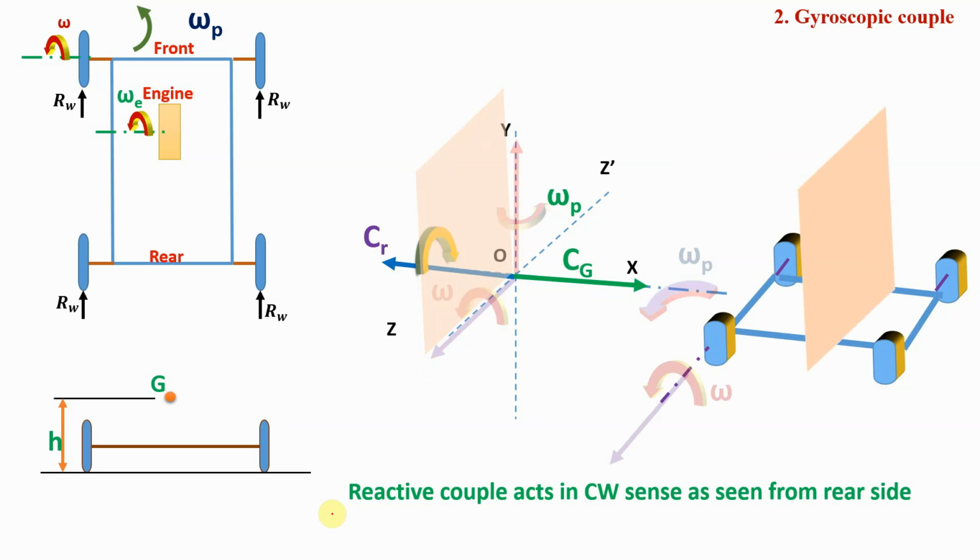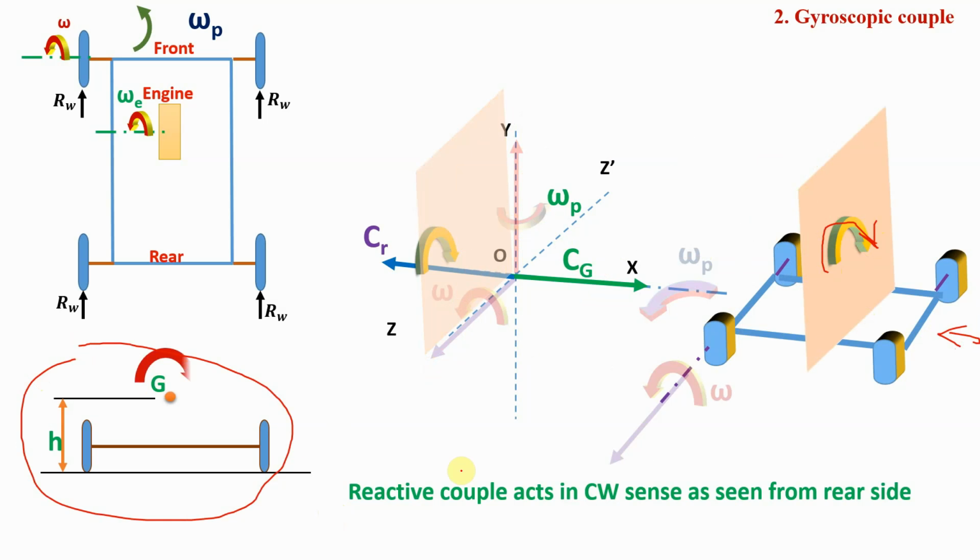And the effect of this CR on the vehicle will be, it will try to overturn the vehicle from left to right. So CR is acting from left to right as seen from the rear side. So this is the rear view. So we'll represent CR about CG here. It is acting from left to right.